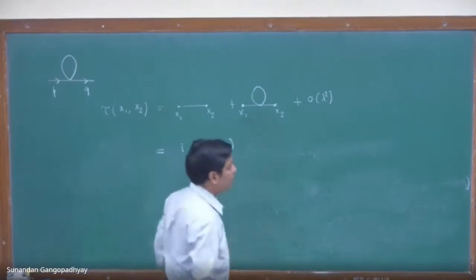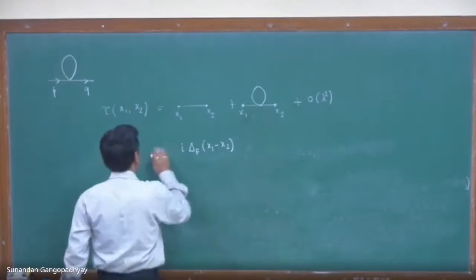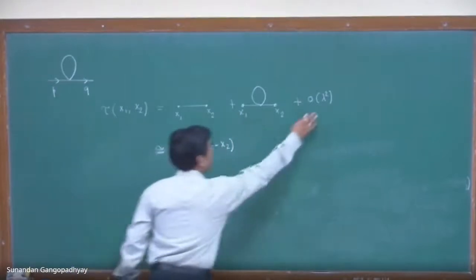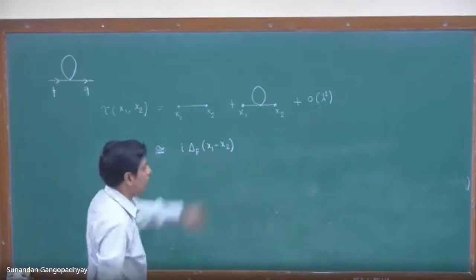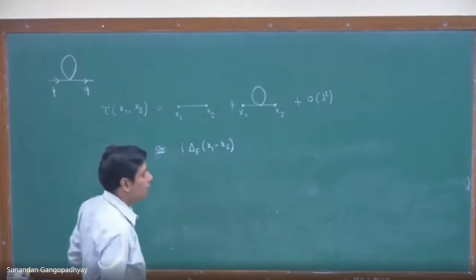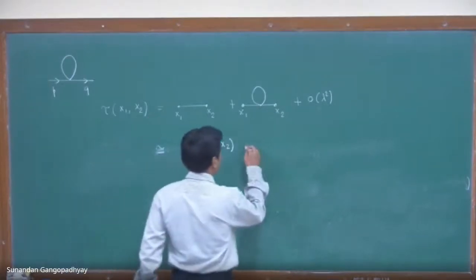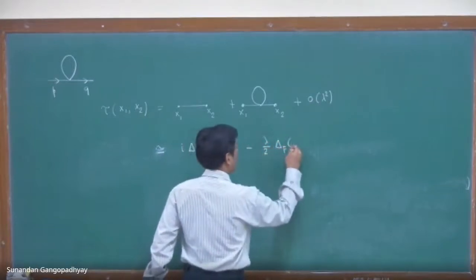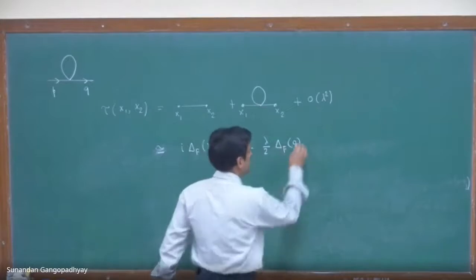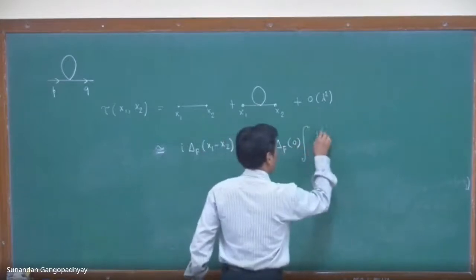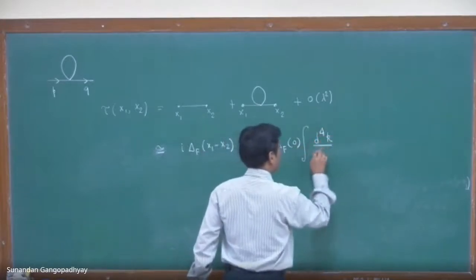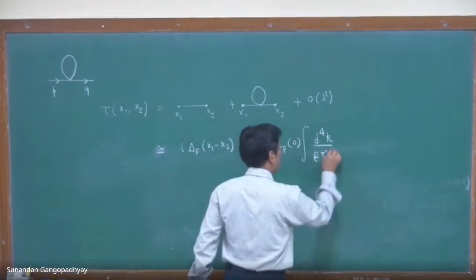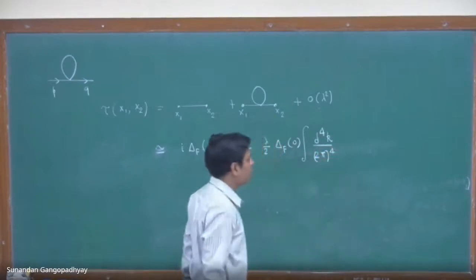And this diagram, let me do all the calculations. Do not write this. This is to linear order in the coupling constant. This gives us minus 1/2 Δ_F. Obviously, for the loop, you have the momentum integration divided by a factor of (2π)^4.